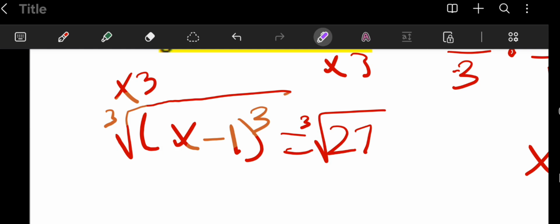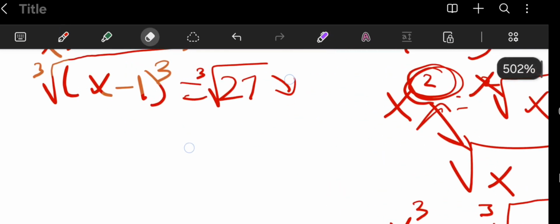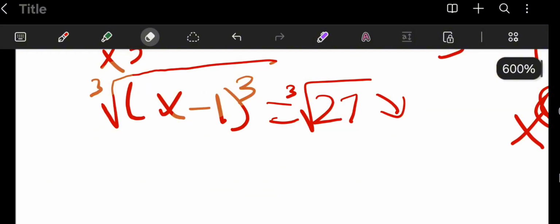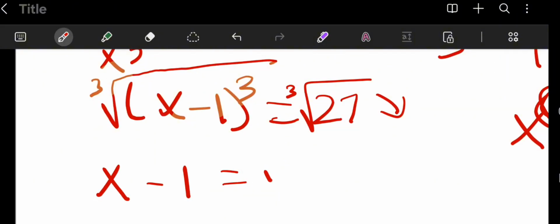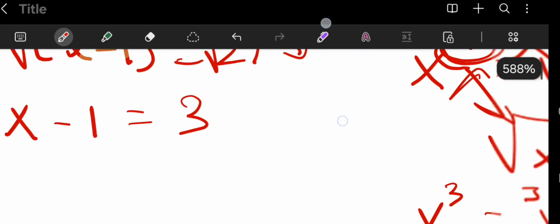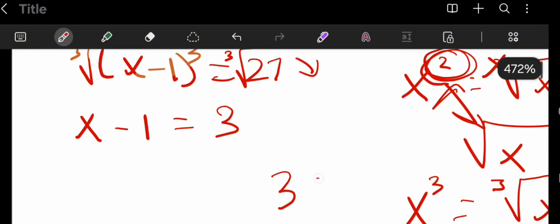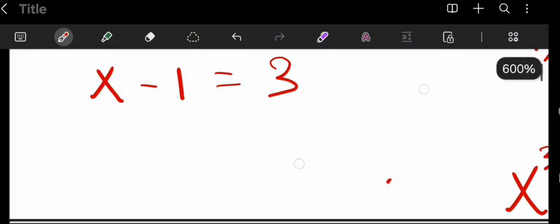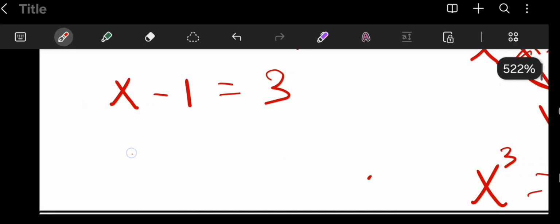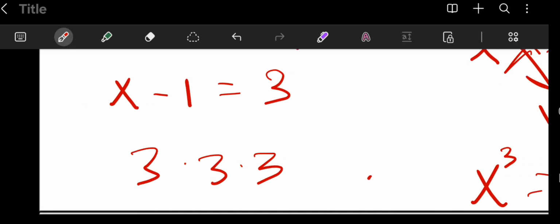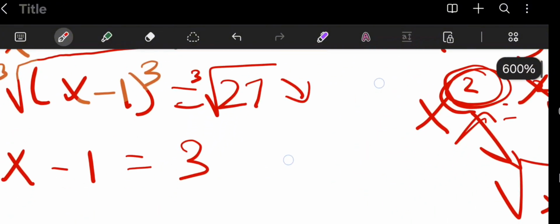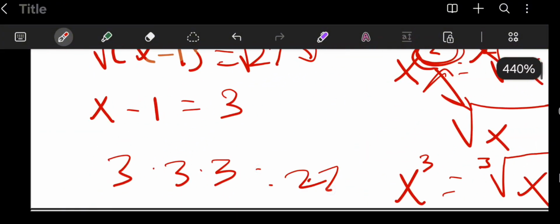So what we do to one side, we have to do to the other. Now we can rewrite this as x minus 1 is equal to 3 because the cube root of 27 is 3. If you're curious, the reason this time we don't have 3 and -3 as our answers for the root is because it works if it's all positive, right? Because 3 times 3 times 3 is 27.